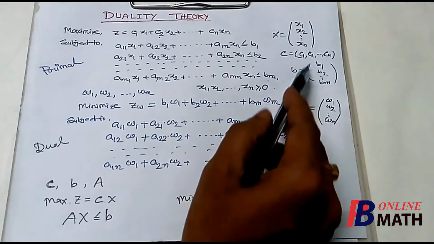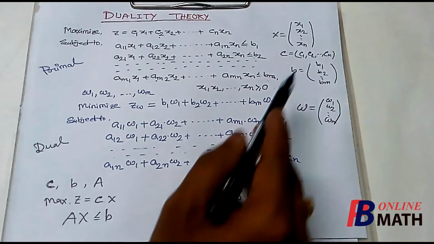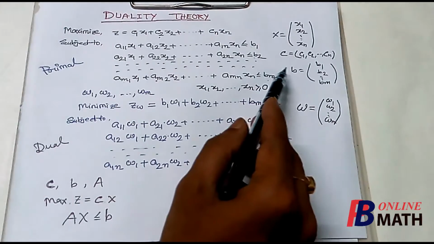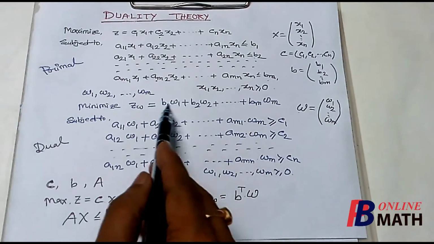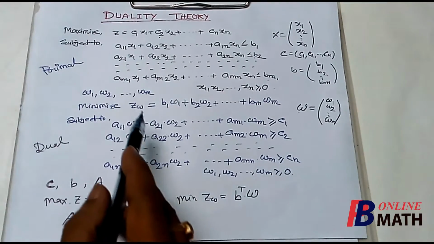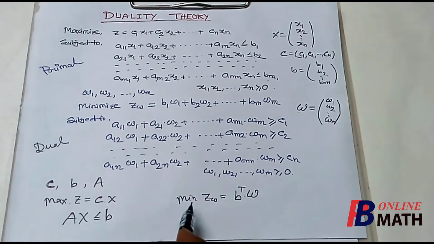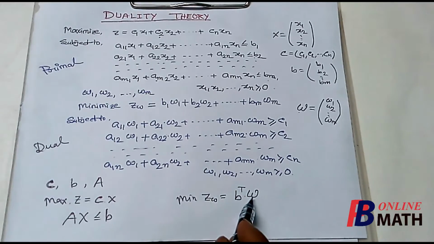Now b vector is a column vector, so b transpose is the row vector. So if we multiply b transpose by omega, then we find this expression. So this is the objective function of the dual problem. So it is minimization of z omega equal to b transpose multiplied by omega.